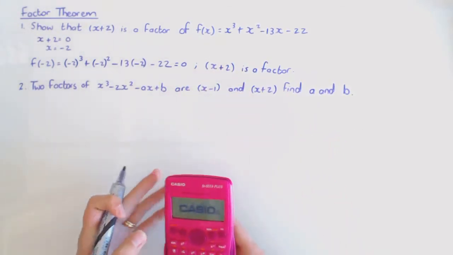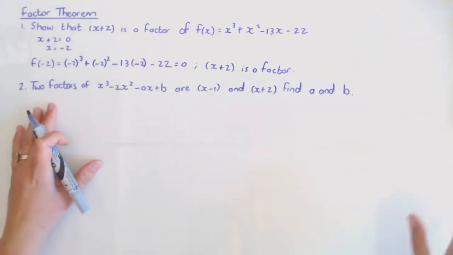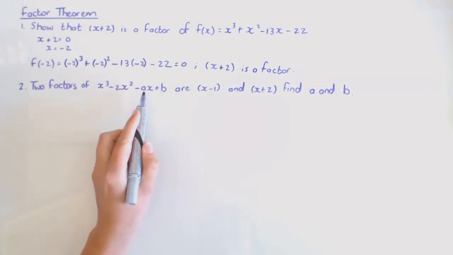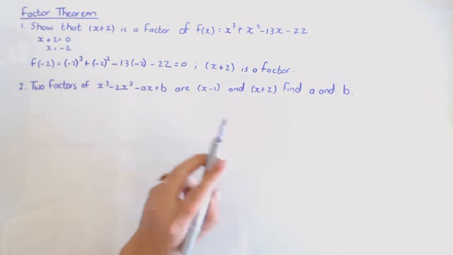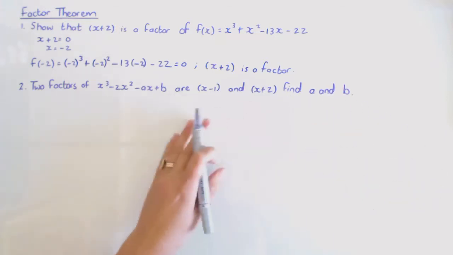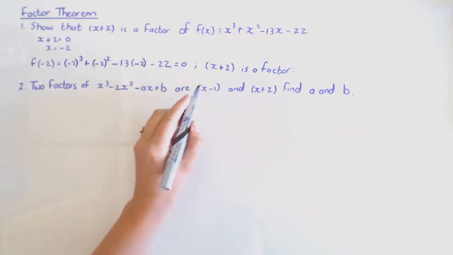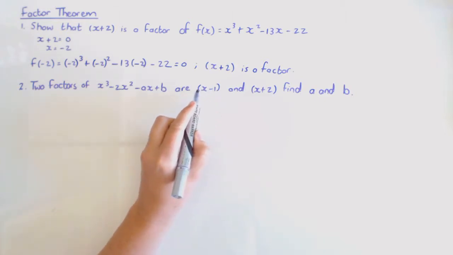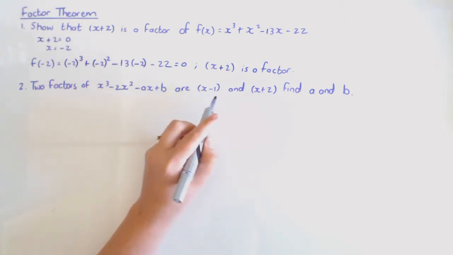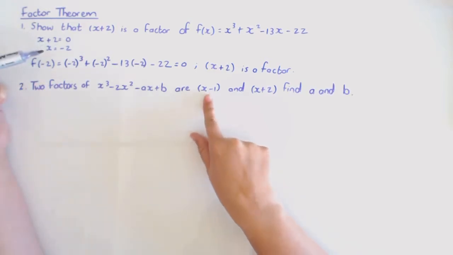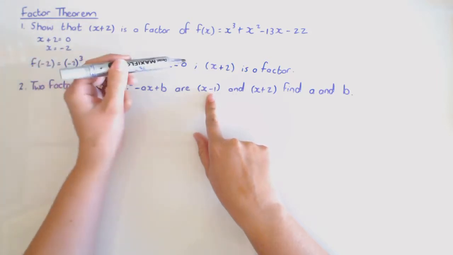All right, so now let's look at a bit more challenging question. They say two factors of this function, where there's a and b unknown, are x minus 1 and x plus 2. Find the values of a and b. Now if x minus 1 is a factor, then if I solve x minus 1 for 0, I get x is 1, and if I substitute that 1 into my function, I should get 0.